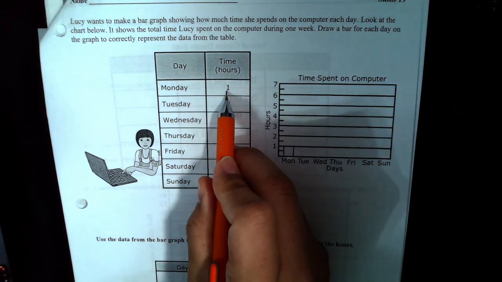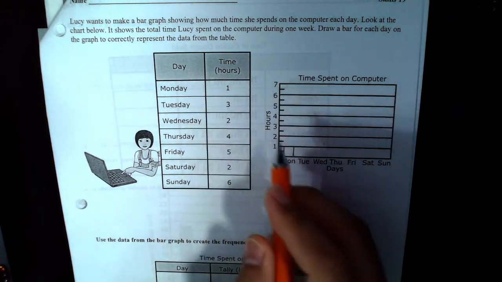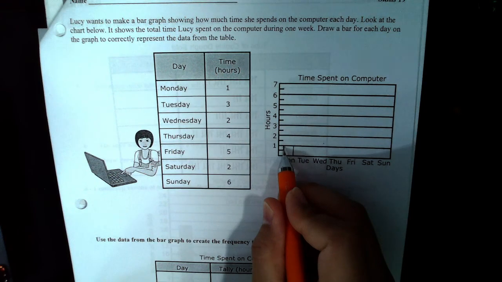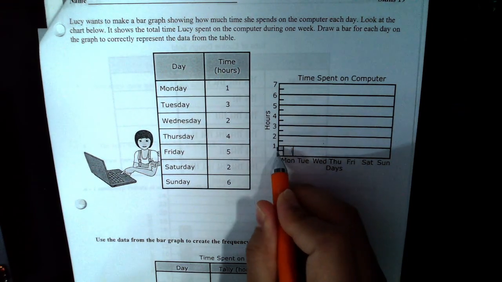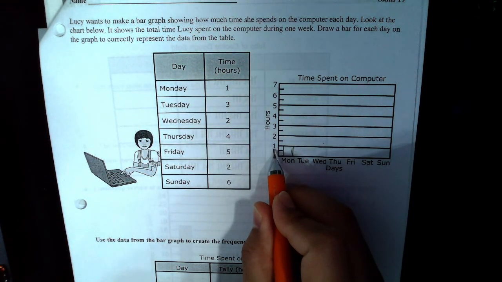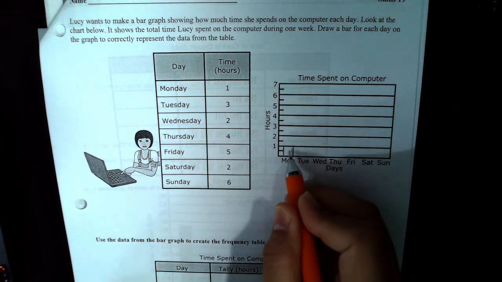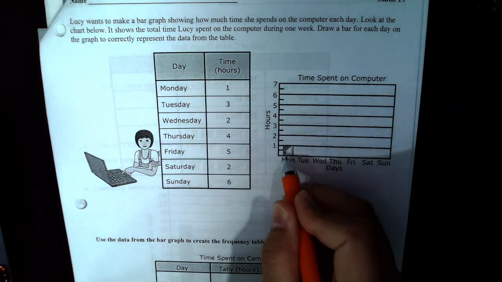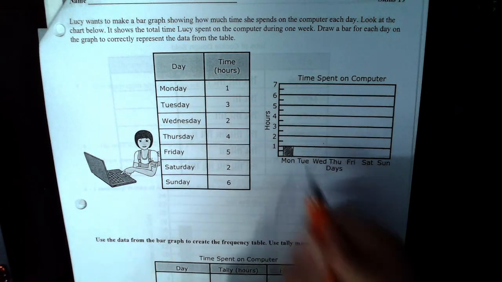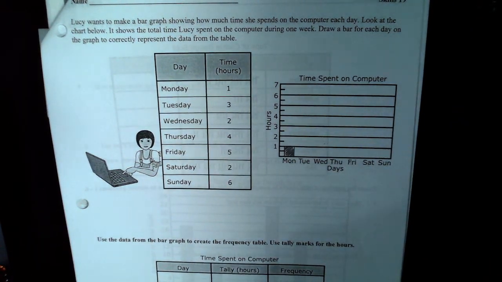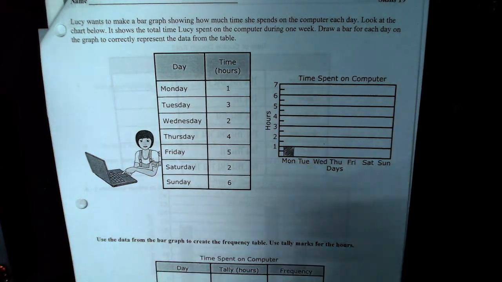If she spends 1 hour on the computer on Monday, that means I'm only going to draw my rectangle up to the line that says 1. And then I'm going to color it in. And that will show me that she spent 1 hour on the computer on Monday.